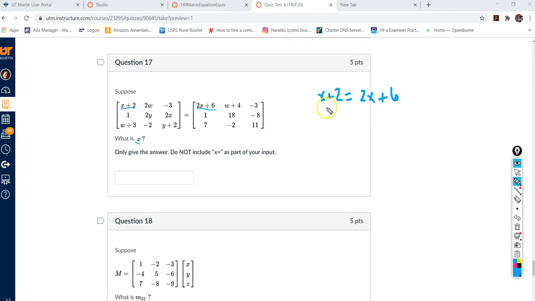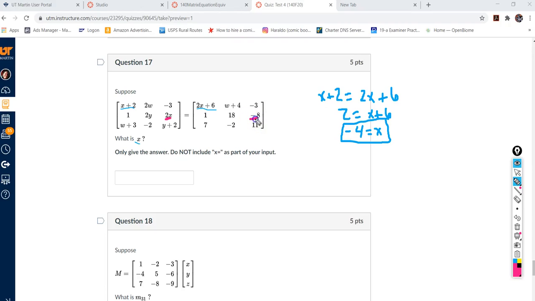Okay, how about I subtract x from both sides? So 2x minus x is x. And now how about I subtract 6 from both sides? And so I get negative 4 is equal to x. Okay. Now, are there any other equations that have x in it? Yes, there are. And this is how I can check. So that has an x in it, and it's going to have to be exactly the same.